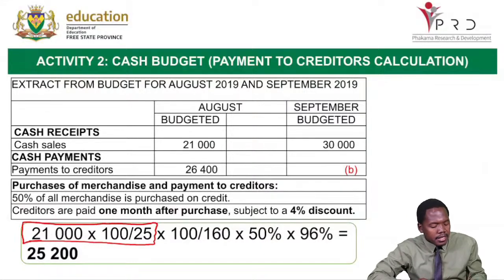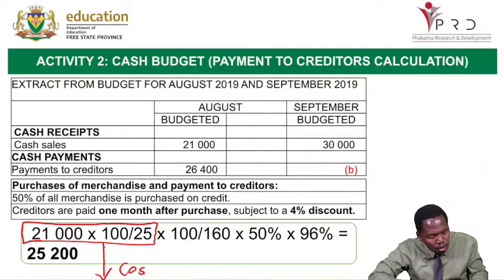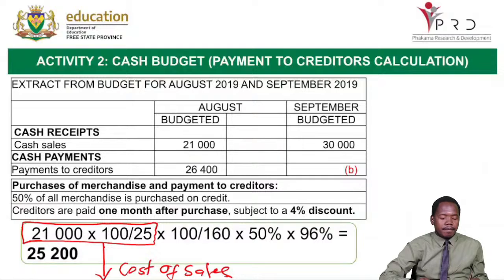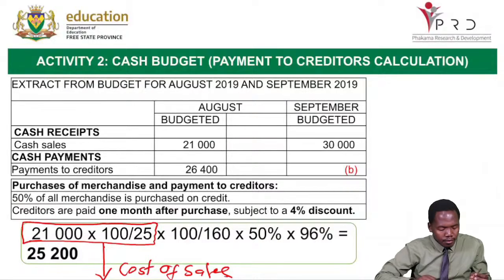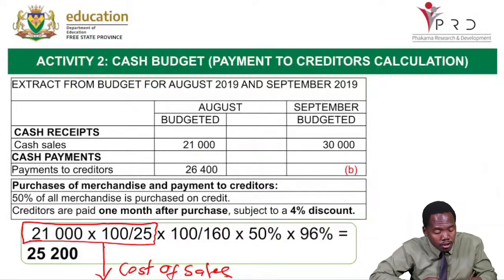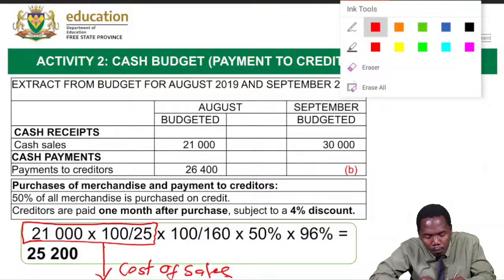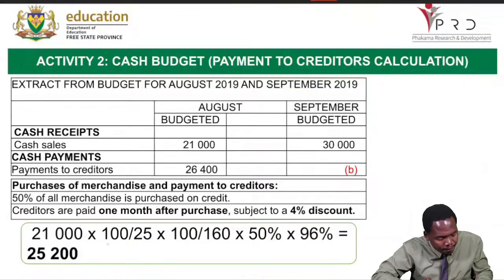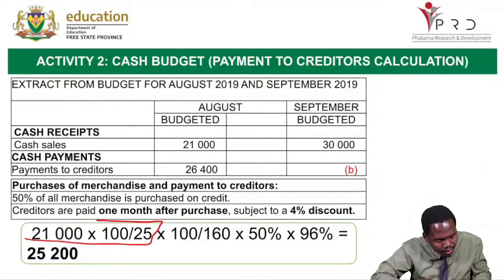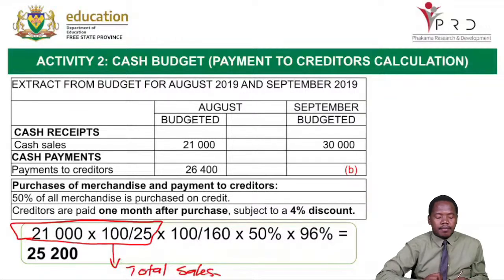Why are we doing this calculation? Sorry, pardon me, not cost of sales, but when we do this, we are converting into total sales.